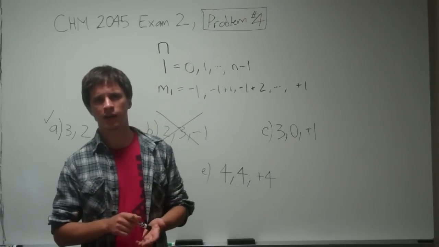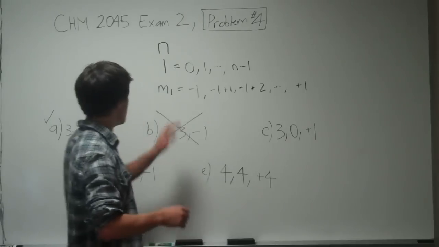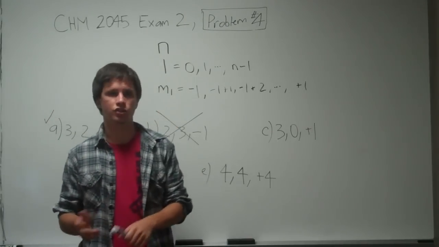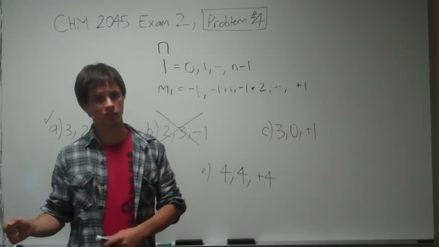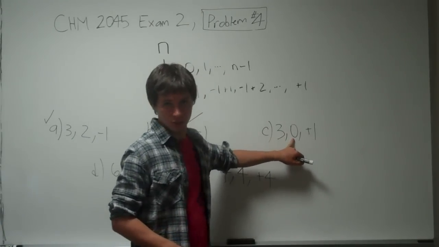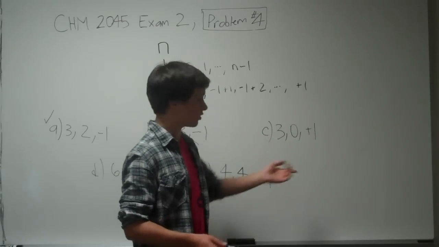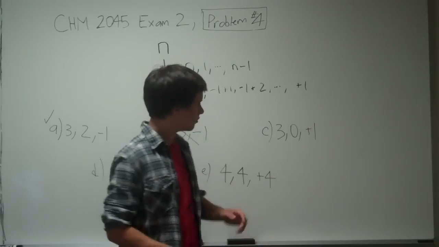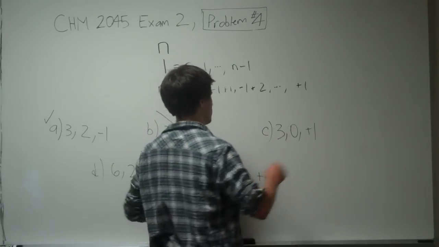But what does that mean that m sub l has to be? Well, m sub l is any integer from negative l to positive l. In this case, l is 0, which means that m sub l can only be positive or negative 0, which is just 0. So it can't be 1, so this set is also invalid.